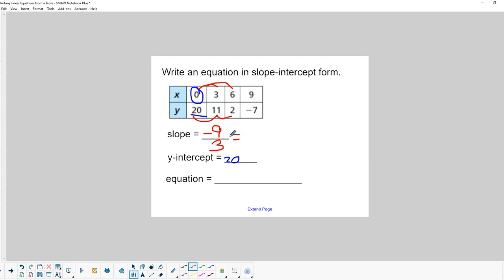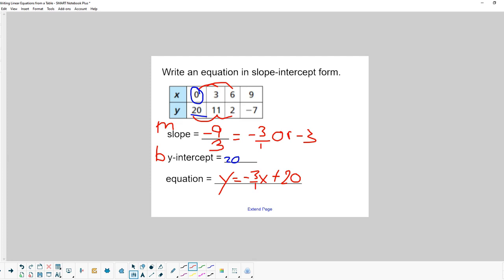So if we look at that and simplify, what's -9 divided by 3? Well, that would just be -3 over 1. Or we could even go all the way down to just say -3. So that's our m value, and this is our b value when we use that equation y equals mx plus b. So y equals negative 3 over 1x plus 20.